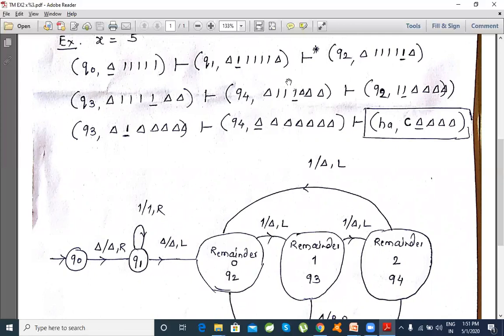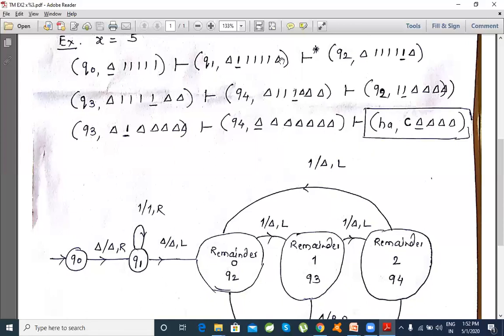Okay, so what the terminology is: being in Q1 reading one, we go to Q1 and leave it as it is. The pointer will move to the next one. Being in Q1, next one, I'll retain the Q1 state by replacing one by one. I will move ahead till we receive this rightmost null.